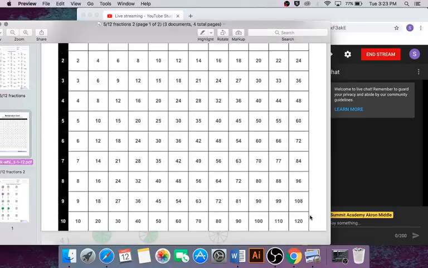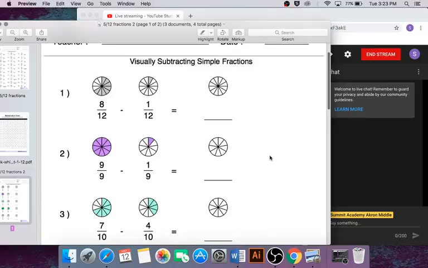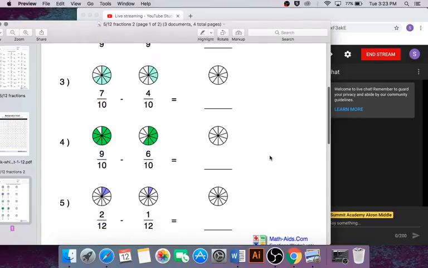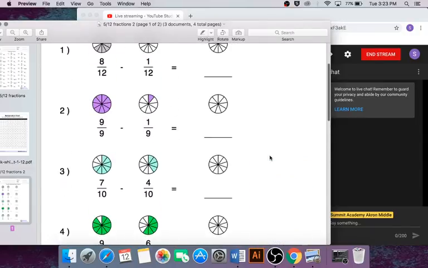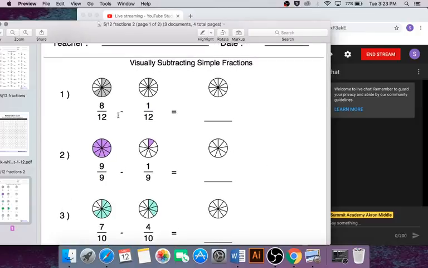So now that we're done simplifying fractions, we're going to do a few problems. I only have 5 of them for subtracting fractions. So remember, when we're subtracting fractions, they have to have the same denominator, which is the bottom number. And we just subtract the top number. So our answer is going to be over 12.